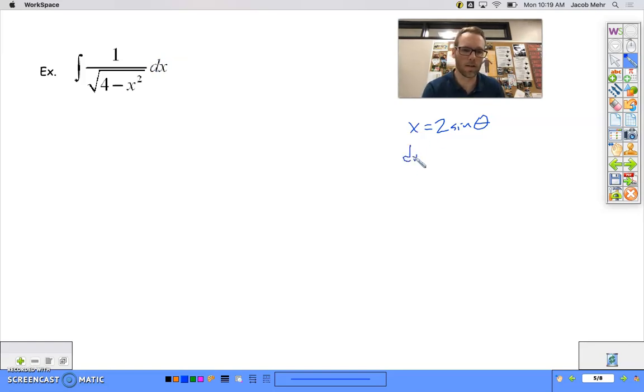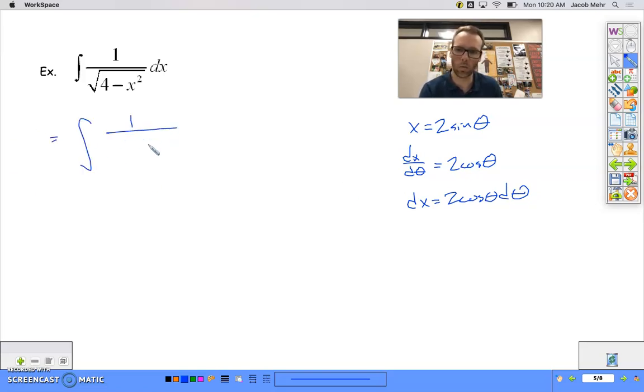Let's solve for dx. Well, dx d theta equals the derivative of this, which would be 2 cosine of theta. So dx equals 2 cosine of theta d theta. All right, let's substitute.